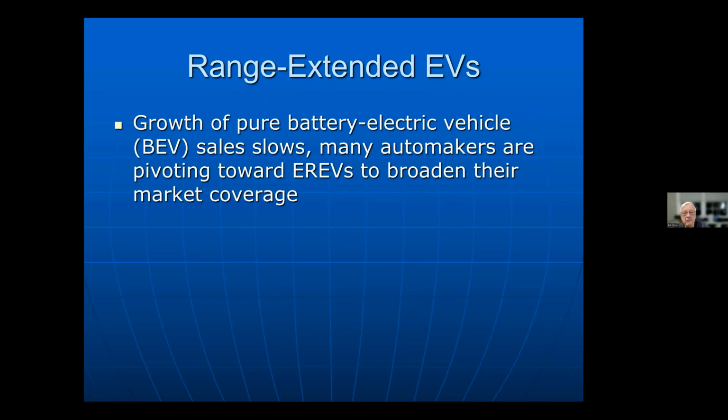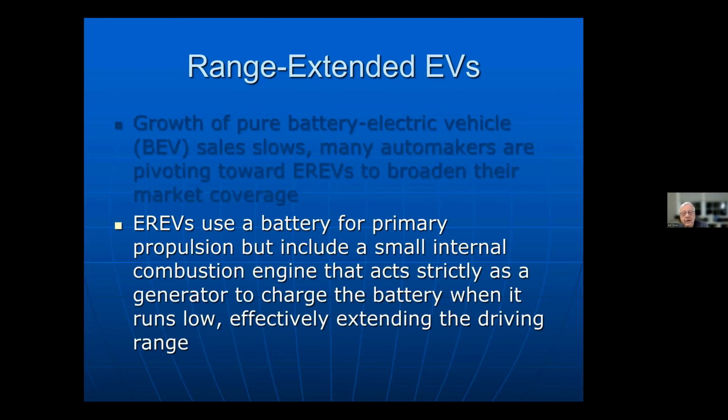And they're going to range extended or extended range EVs to do that. And what that really means is that these EREVs use a battery for the primary propulsion, but include an internal combustion engine that acts strictly as a generator to charge the battery when it runs low. And this effectively extends the range.